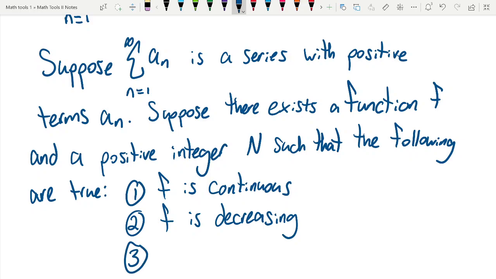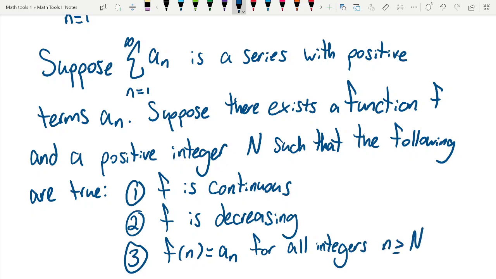And then three, f of n is equal to a sub n for all integers n greater than or equal to capital N. This last statement is basically saying that f of n, the function and the sequence, have to be the same only at the integers after a certain point.